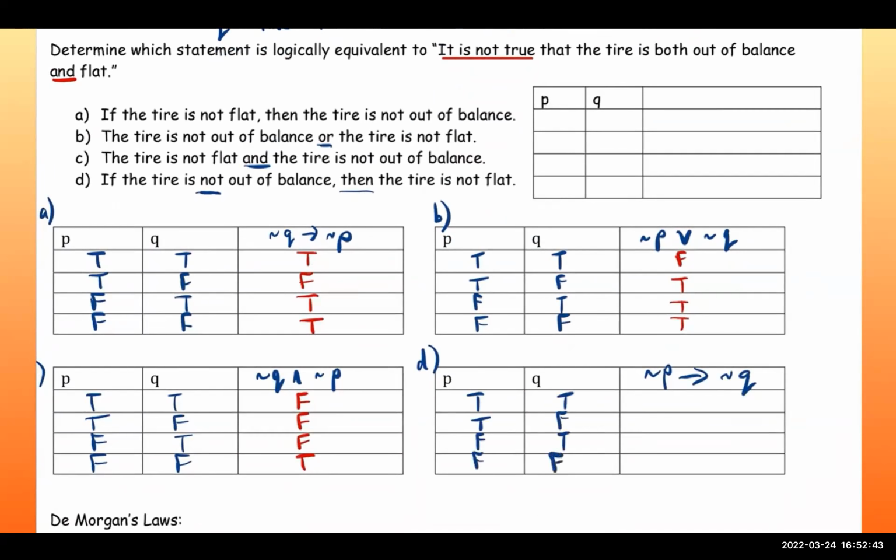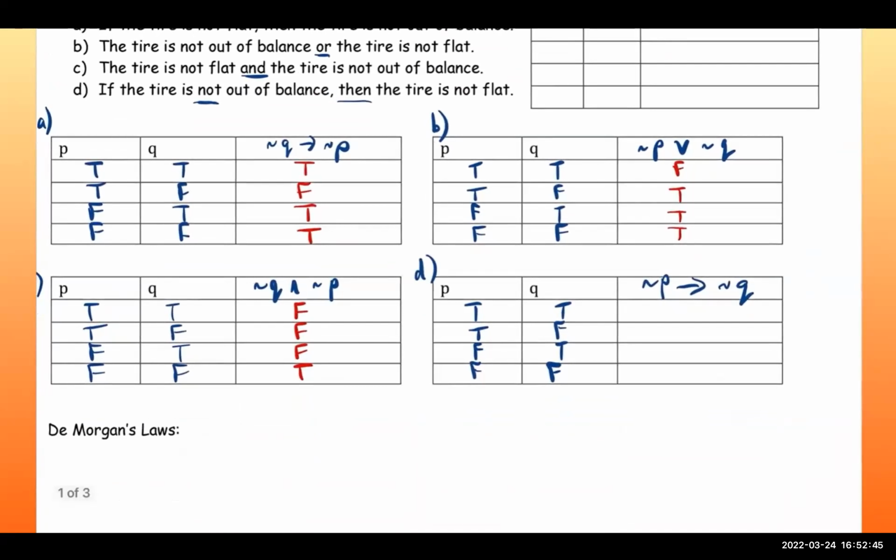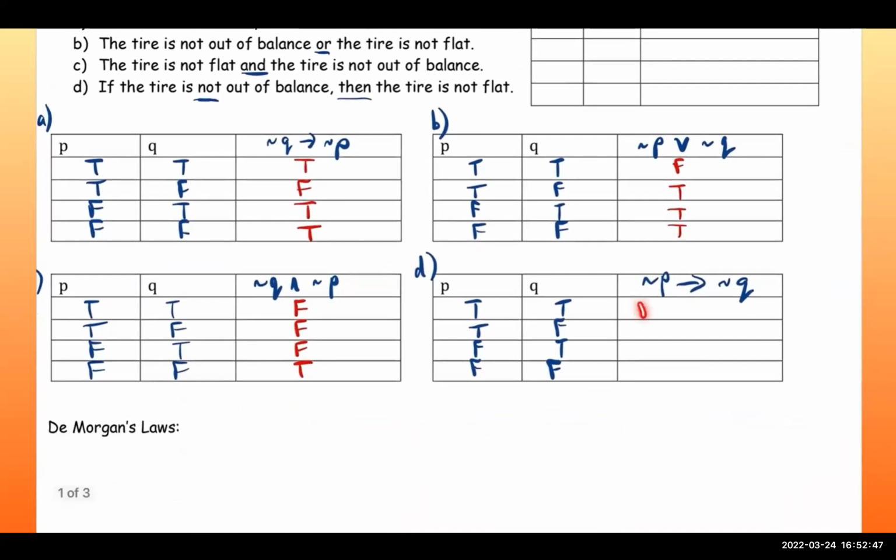All right, this would be not P, then not Q. If you start with the false, that means it's true. All right, next one is not P implies not Q. False implies true.